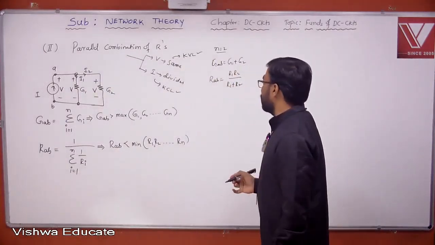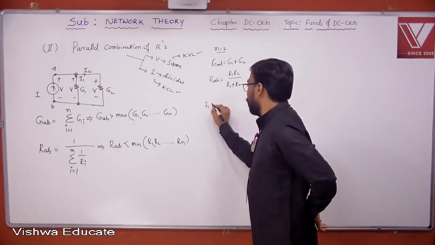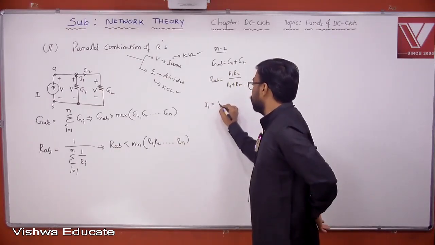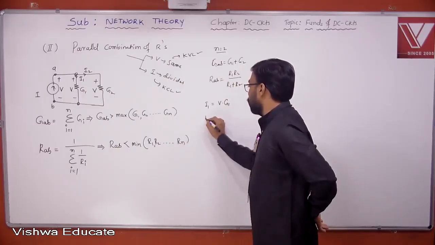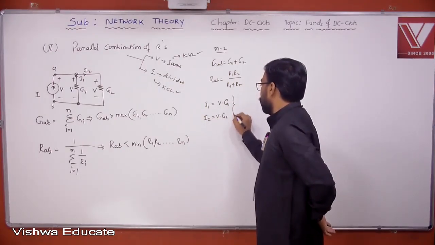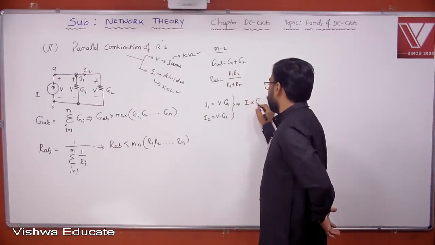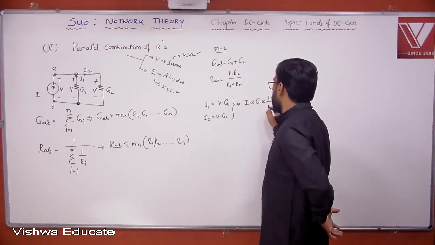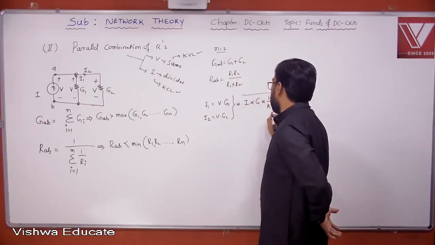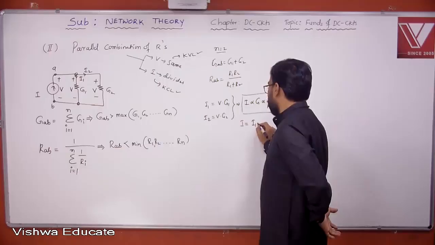Let us apply Ohm's law to the individual elements. I1 is equal to V into G1. I2 is equal to V into G2. From this, we understand that I is directly proportional to G and inversely proportional to R. But we also know that the current gets divided. How is it getting divided?